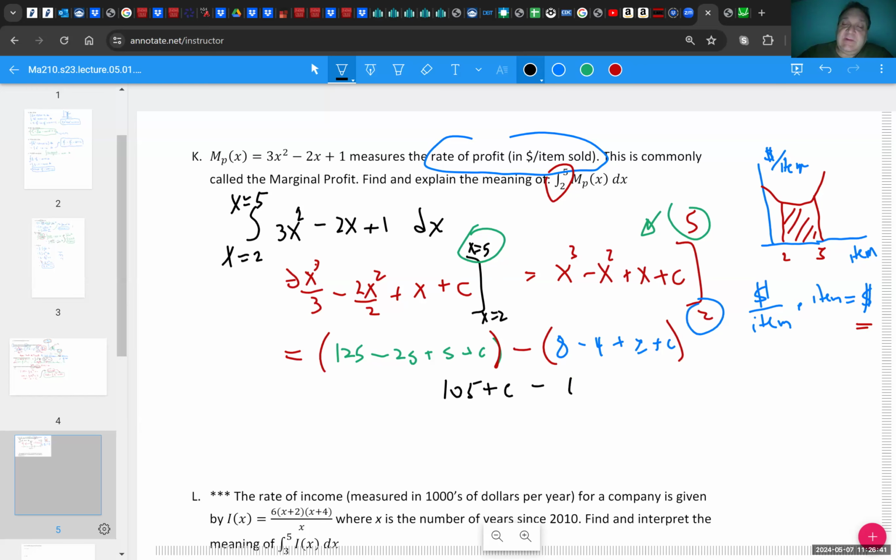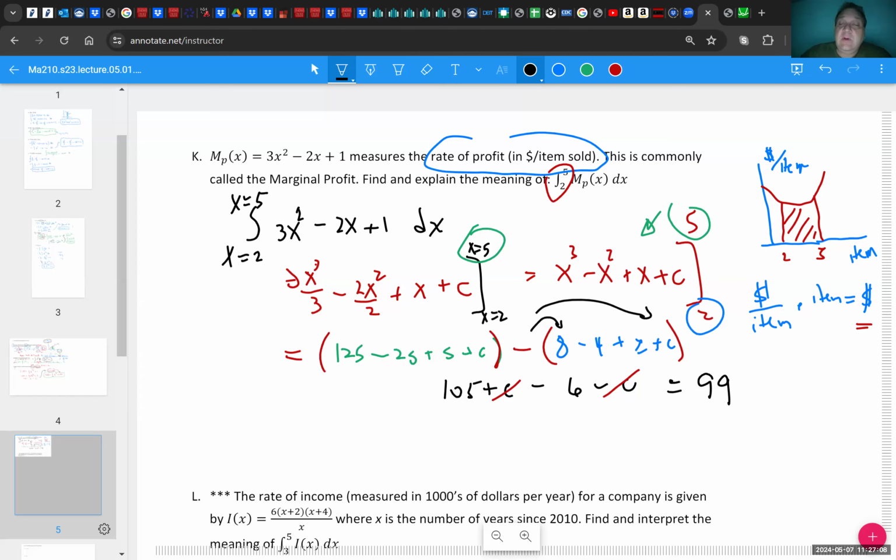That's going to be 6 minus c, because remember the minus goes to everything. So I guess it's minus 8 plus 4 minus 2, which gives minus 6, or I can just do what's inside the parentheses first. 8 minus 4 is 4 plus 2 is 6, so it's minus 6 minus c. The plus c and the minus c will always add to 0, and I get a grand total of 99. 105 minus 6 is 99.